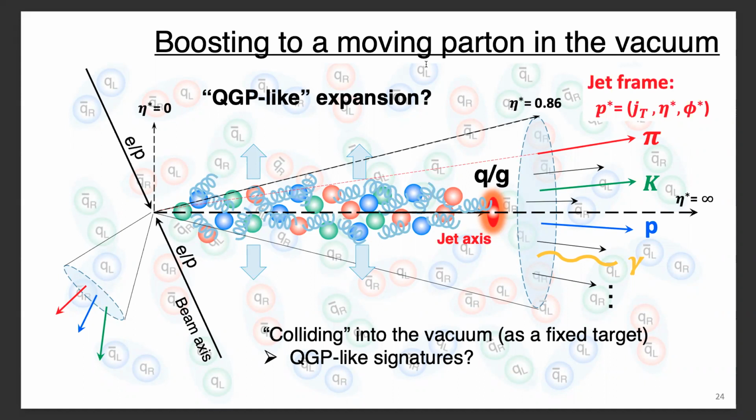The problem with the vacuum is that it has a boost symmetry, right? So it's really inherently different from a particle and plasma, where it really matters how high energy this pion or quark has. Here you could go to some rest frame and then this quark doesn't have much energy and not much will happen. You go to the rest frame of the quark, the energy is still very high, right?